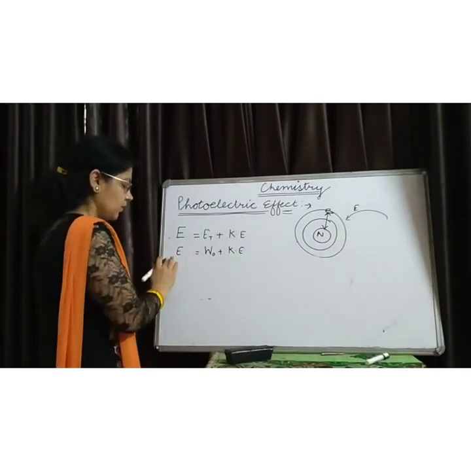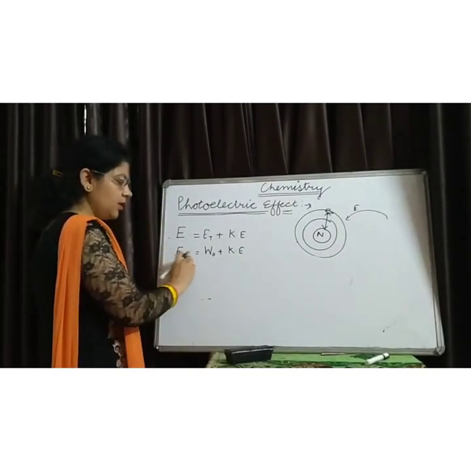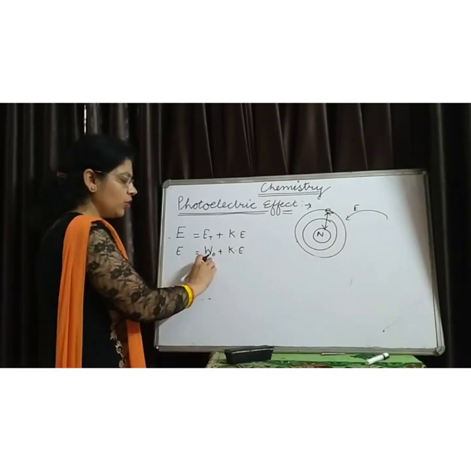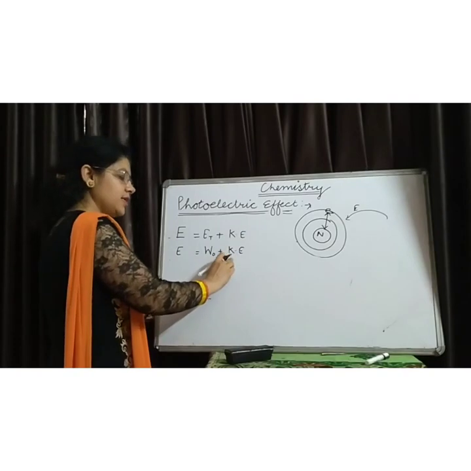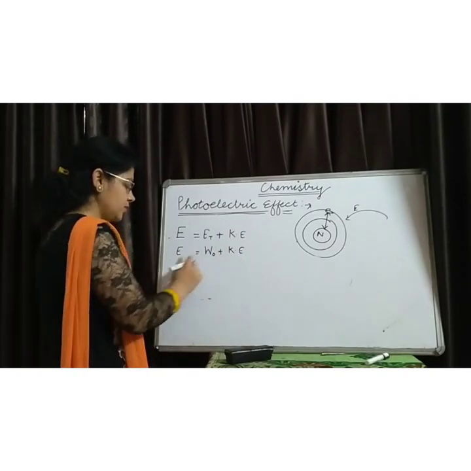Hence, it is written as E is equal to W naught, where W naught is the work function or threshold energy, and the extra energy is used into the kinetic energy.